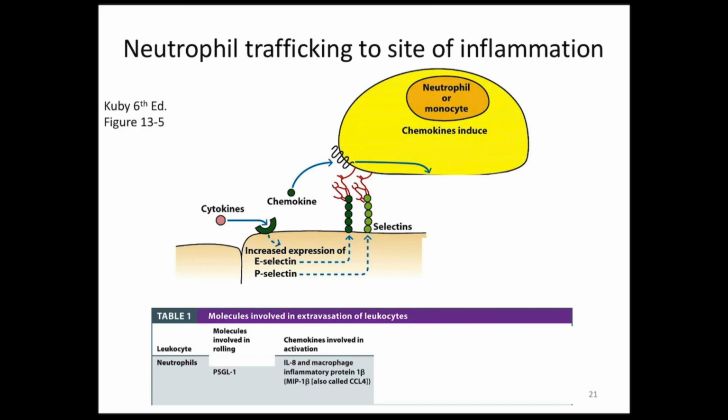So in the case of the neutrophil going to an inflamed site, the inflamed site starts making the chemokine, which is called IL-8 because it got named before we made up this whole CC naming.